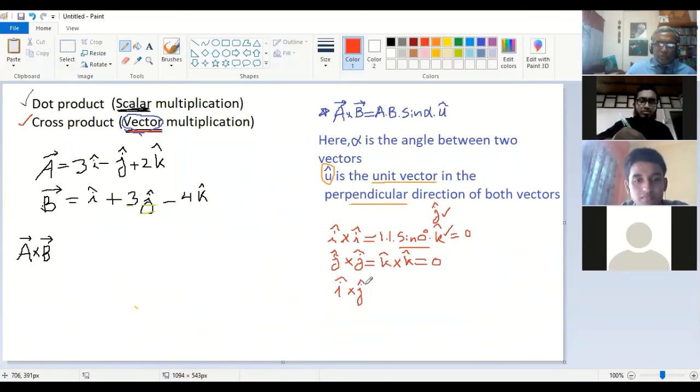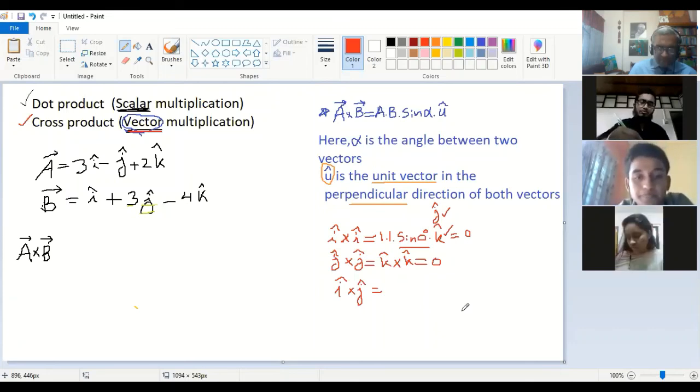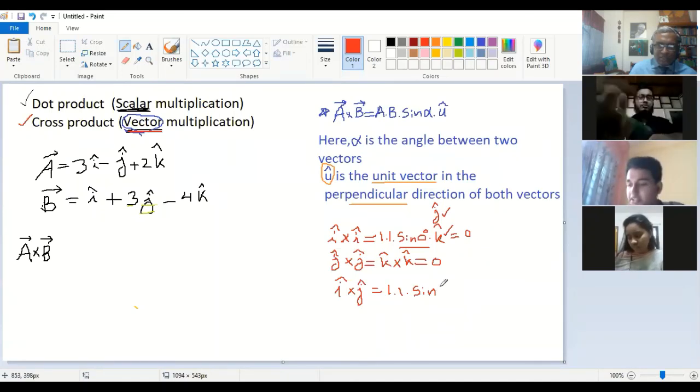Okay. So now let us talk about i cross j. What will be i cross j? You will put the value of i, so this is 1, right? The value of i will be 1 and the value of j will be 1 and sine what degree? 90 degree, because one is the x axis, another is the y axis.